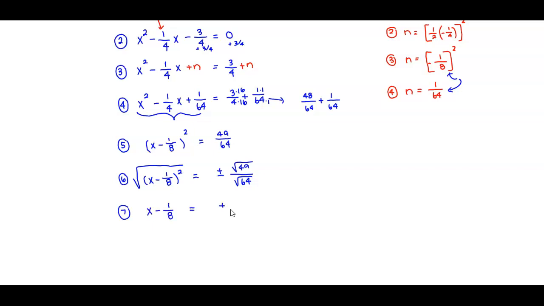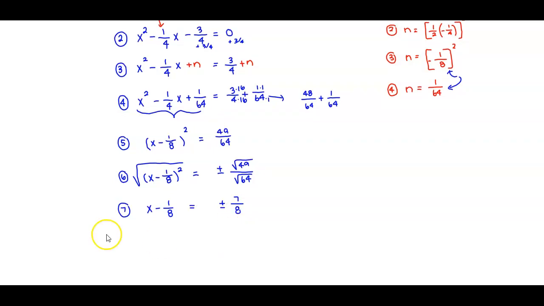And then this is going to be plus or minus, well, what do you have to square to get 49? 7. What do you have to square to get 64? The answer is 8. Okay, now we need to solve for x. And in order to solve for x, we're going to have to add 1/8 to both sides. Now keep in mind we want to put it in front of the plus or minus sign. So for step number 8, we're going to have x, which is equal to 1/8 plus or minus 7/8.